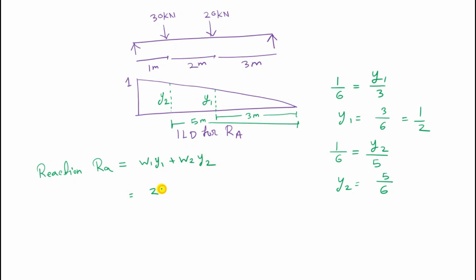So 20 multiplied by half plus 30 multiplied by 5 by 6.